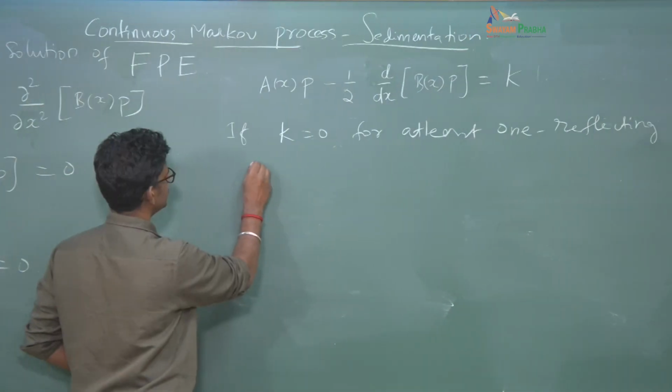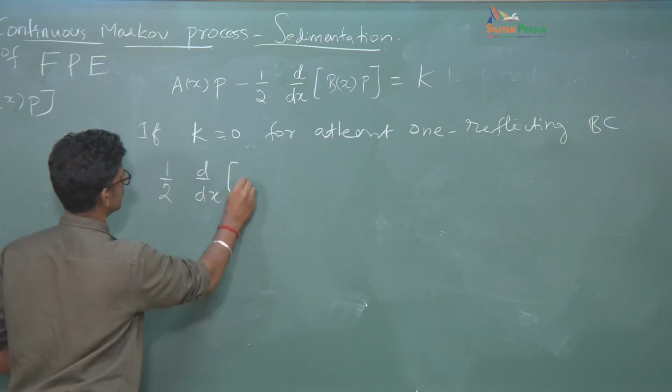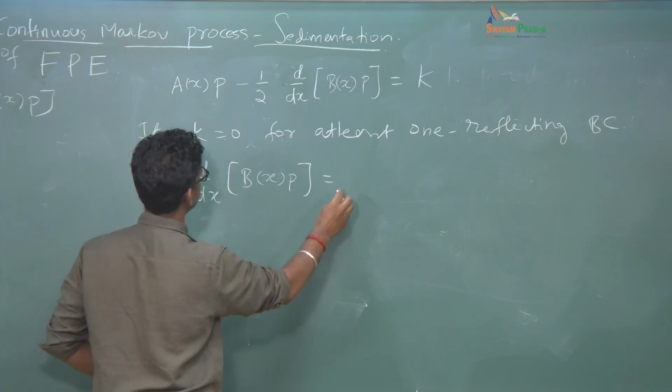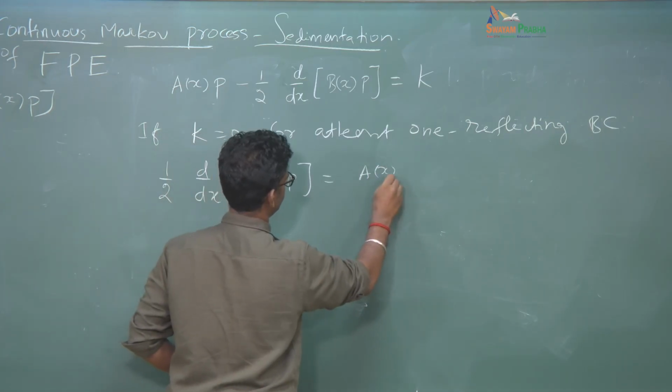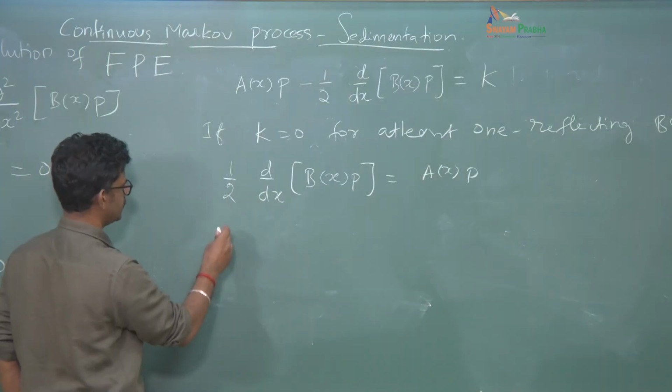So then we can write 1/2 d/dx ... is equal to exp. So let's rewrite this.